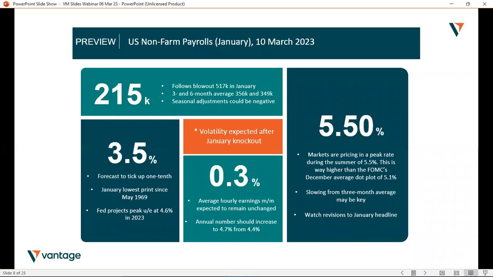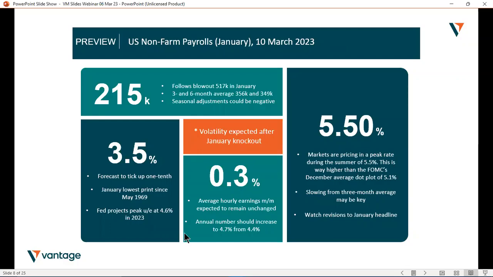Generally, it is very tough in any normal circumstance to forecast the headline non-farm payroll. That's why we look beyond it, and you look at wage growth. But I think it's also important to look at revisions, always key, and especially now with this 517 number, and whether there are bigger revisions to that or not.